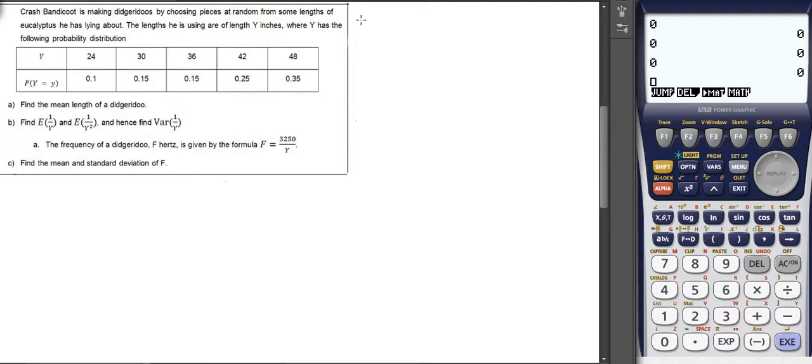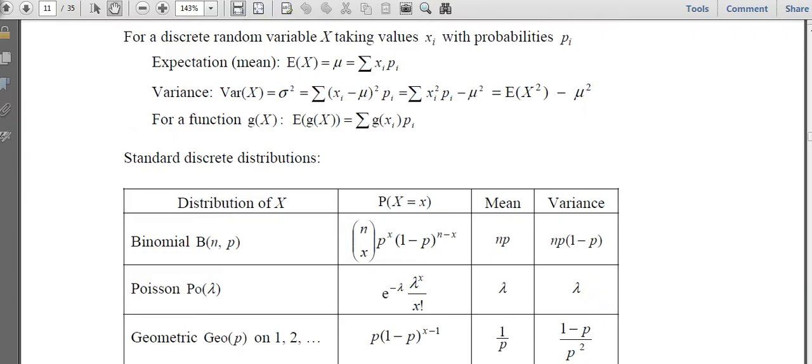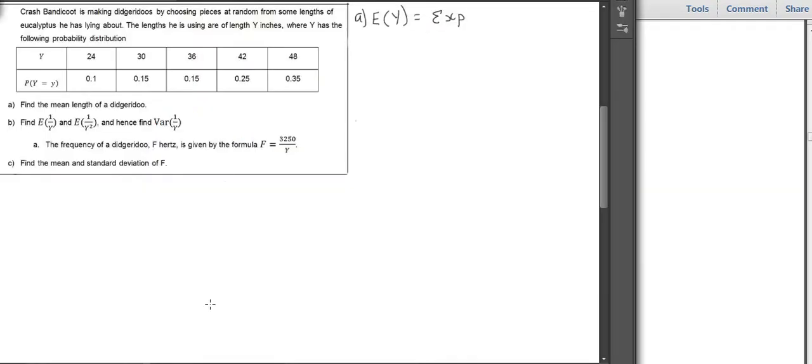We know quite simply that the mean of y is the sum of the x values times the probabilities. Now, just in case you forget that, there it is on page 11. So we're just going to multiply those values by their probabilities.